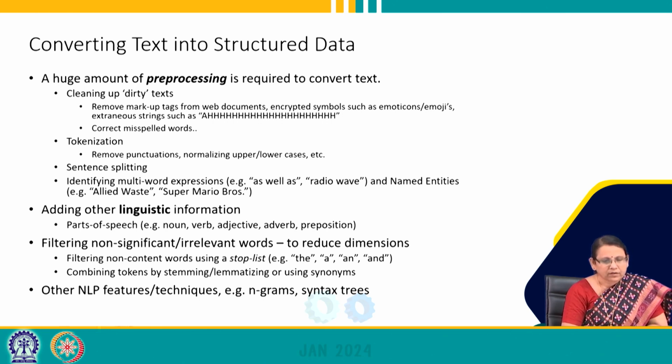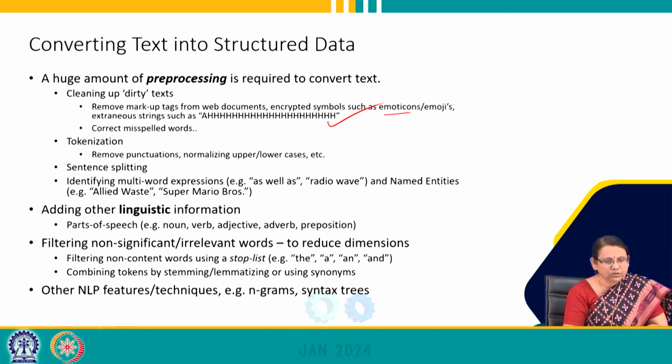For example, there can be misspelled words, or strings where the user is trying to provide some kind of emphasis, but is it a valid word? Not many users will be using it. Similarly, somebody might be using emotions in the form of emojis. Unless you make specific provision to take care of them, they are supposed to be removed.